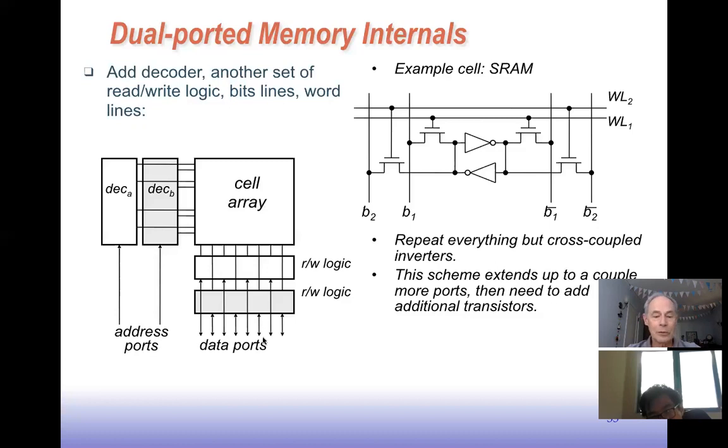And that can all get sorted out by having two different sets of logic here on the periphery at the bottom. It's kind of funny. It's about the same amount of circuitry as two different memory arrays, right? Because the only thing that actually gets shared is these two inverters here. But we do share those inverters, and so there's some savings.